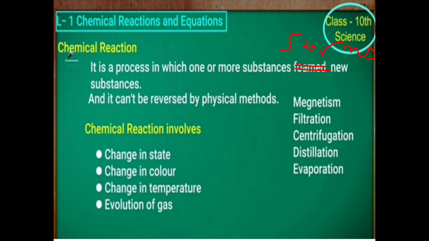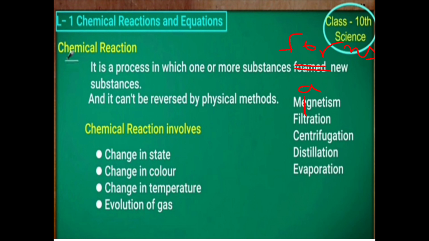So I hope the definition is clear that one or more substances either combine or directly form new substances, and it can't be reversed by physical methods. Physical methods you have studied in class 9th: magnetism, filtration, centrifugation, distillation and evaporation.